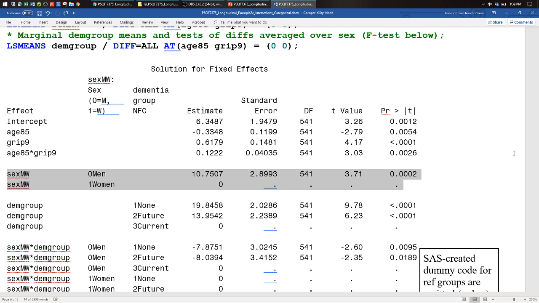In my model, who is the 0? Women. It's backwards. Remember, SAS takes the highest group, alphabetically or numerically, and makes it the reference. So if you put in a dummy variable into the class statement, the 1 is the new 0.